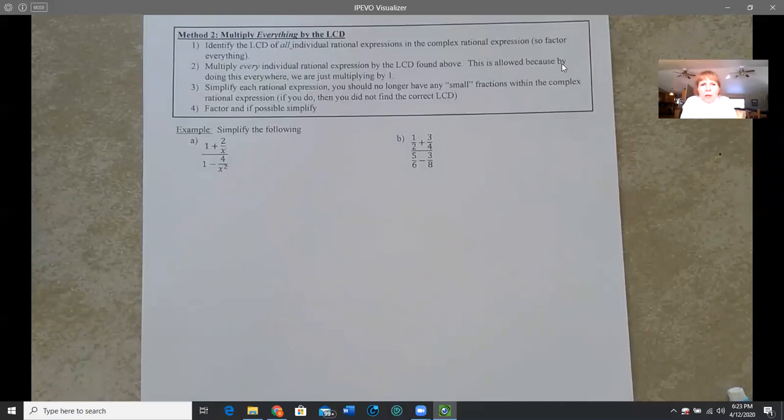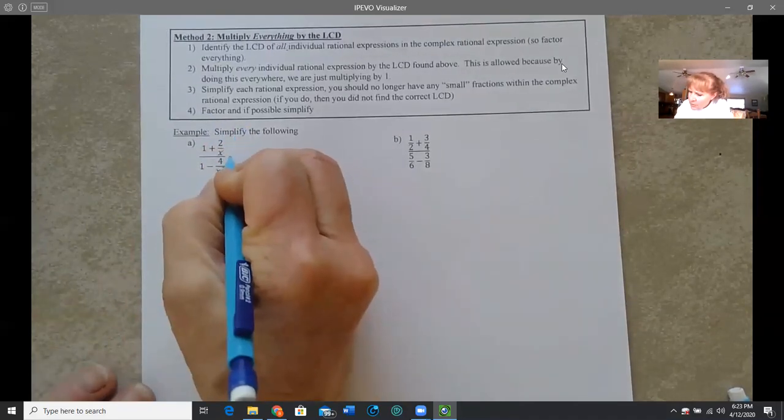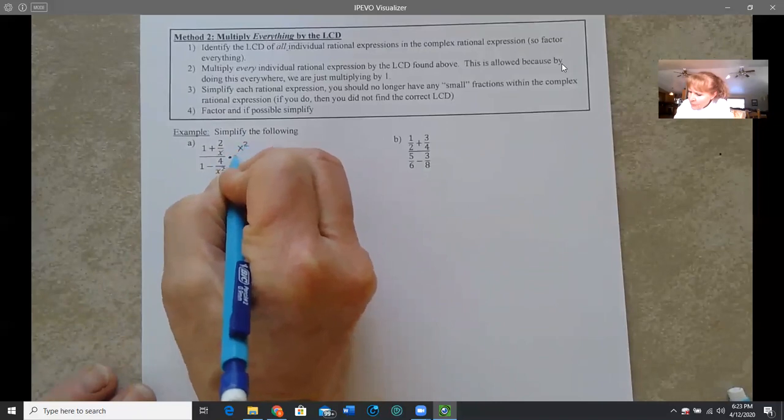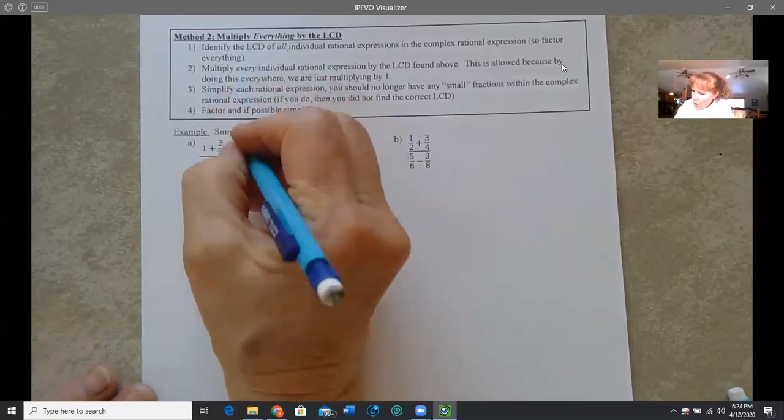So I'm going to multiply this fraction by x squared over x squared. Remember, you can multiply anything by 1 and it doesn't change its value. In other words, 6 times 1 is still 6, or x times 1 is still x. So in multiplying this first fraction, we're going to multiply by x squared over x squared, which is the number 1.